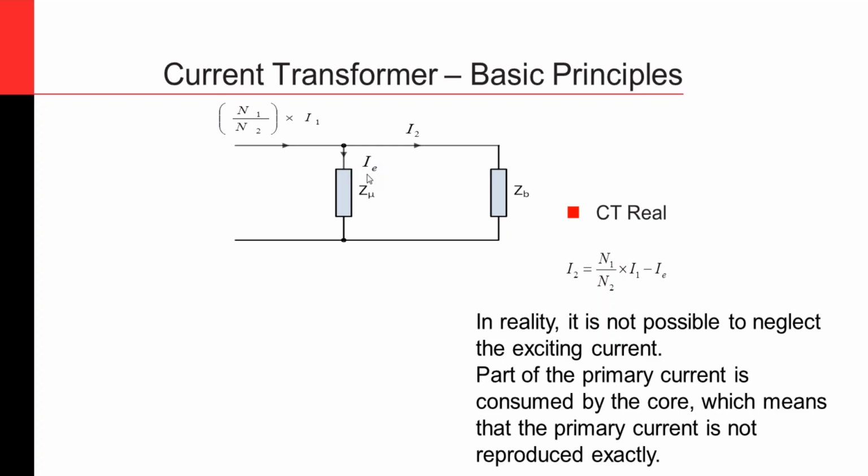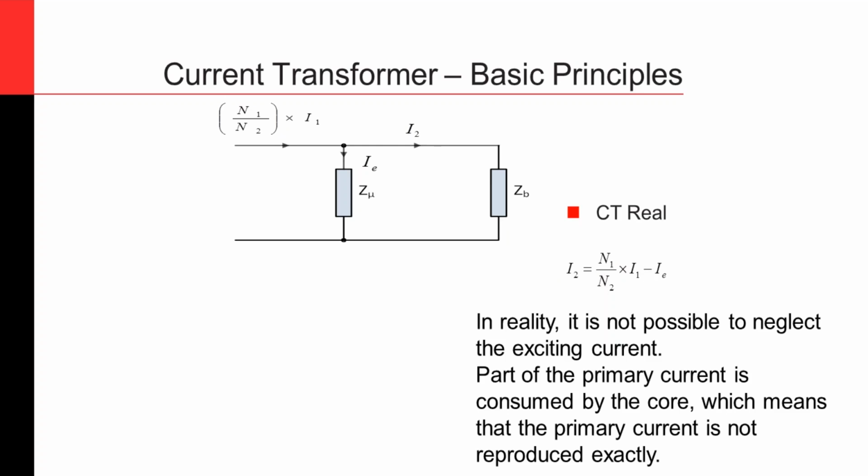And here is the most important component which messes up everything, which is the magnetizing current that flows through the windings of the CT. That particular element is the reason for the losses that occur in the CT. So in theory, your I2 is N1 divided by N2 times I1, which is the primary current representation on the secondary side, minus the magnetizing current.